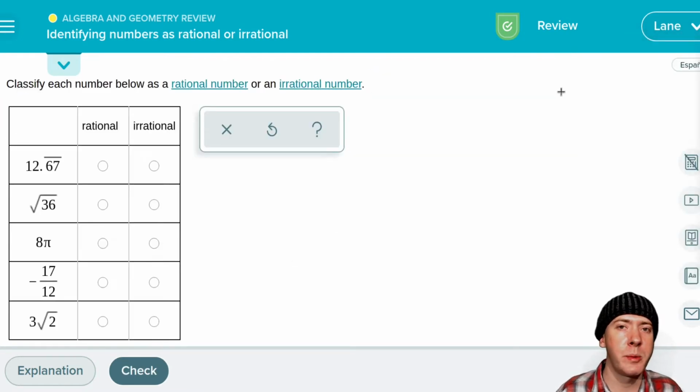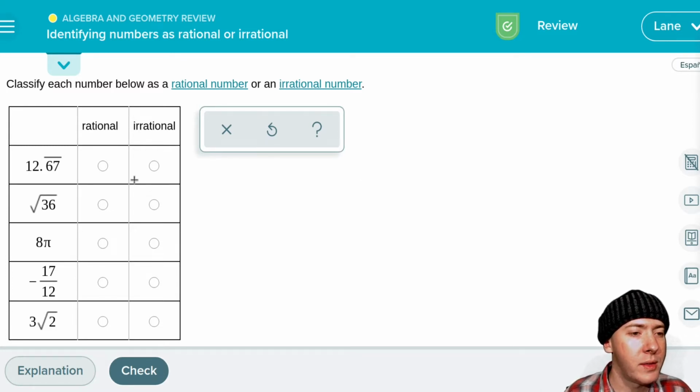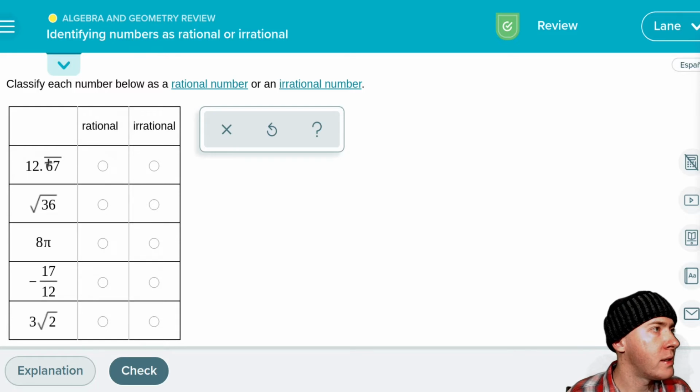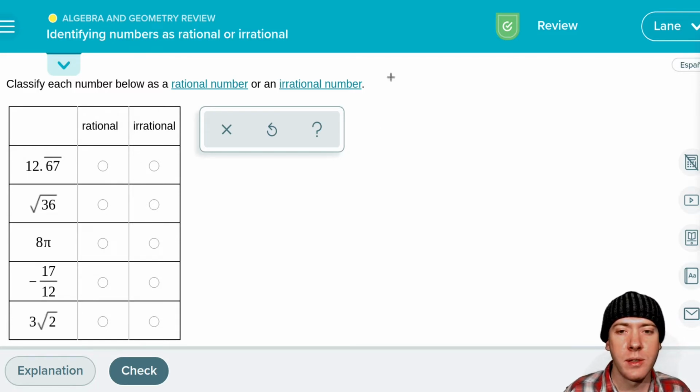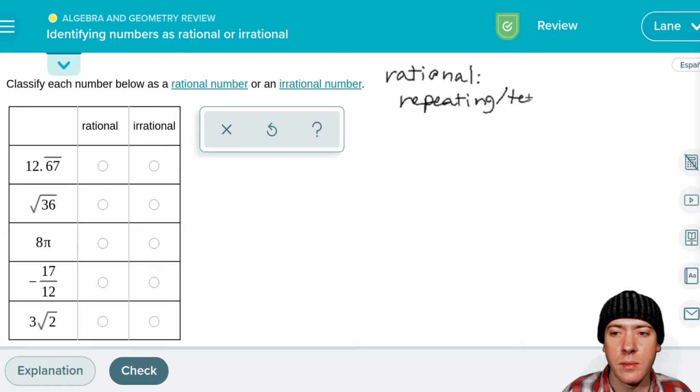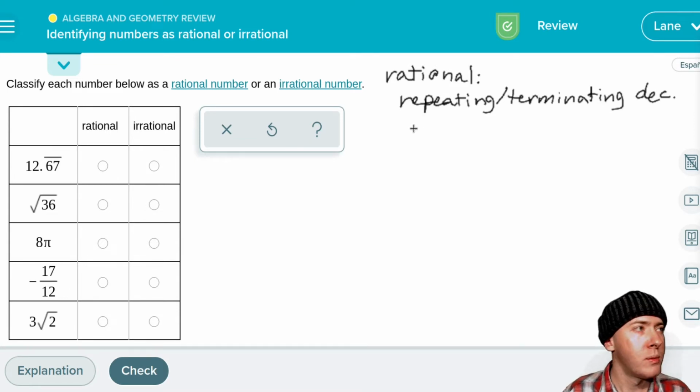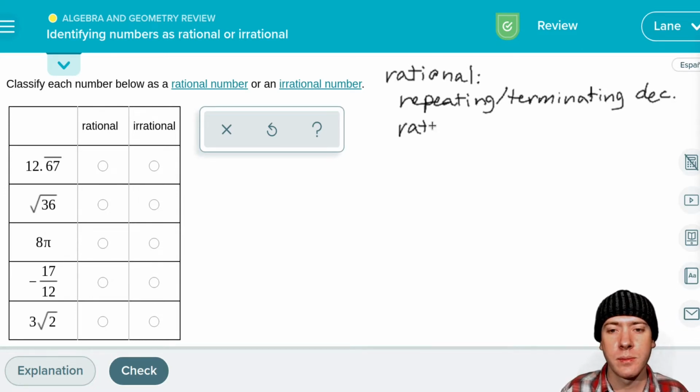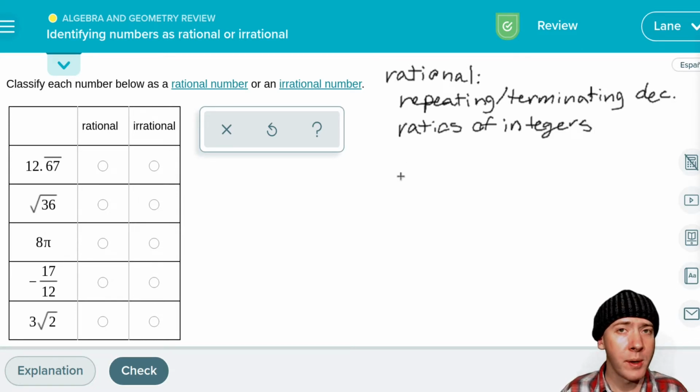Okay, in this problem, I'll give a little bit more detailed explanation. So we said that rational numbers, I'm going to write this out. Rational numbers are those with repeating or terminating decimals, ratios of integers or ordinary fractions, square roots of perfect squares.